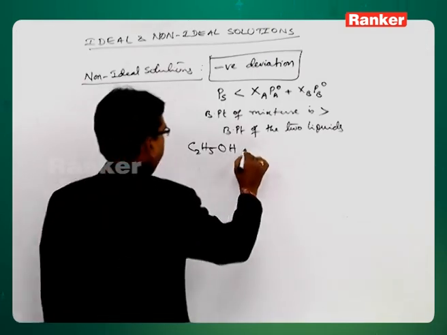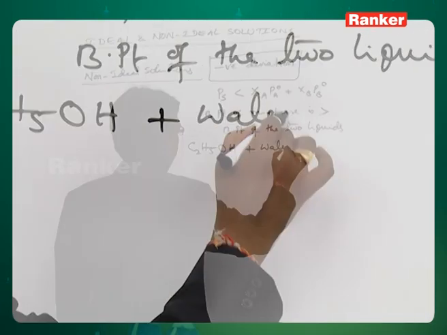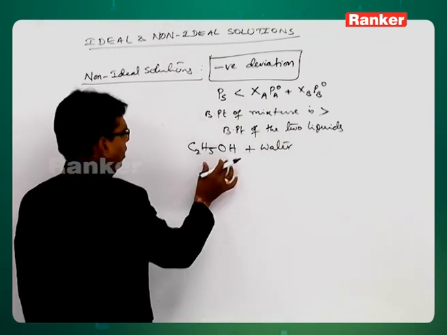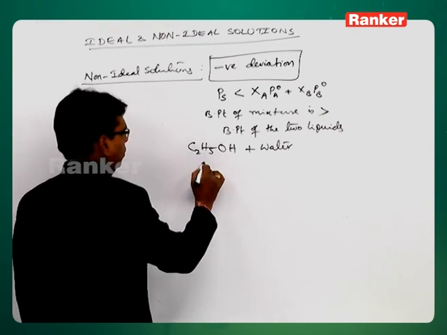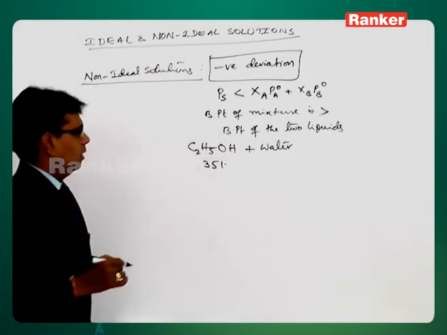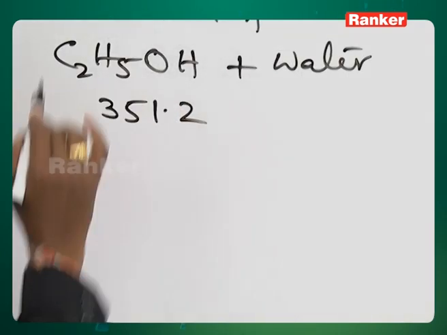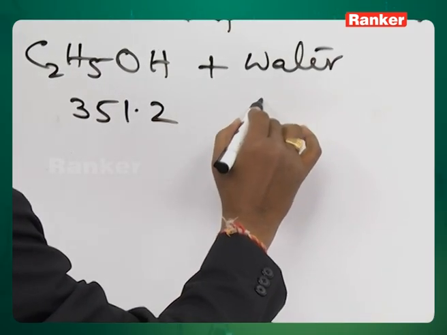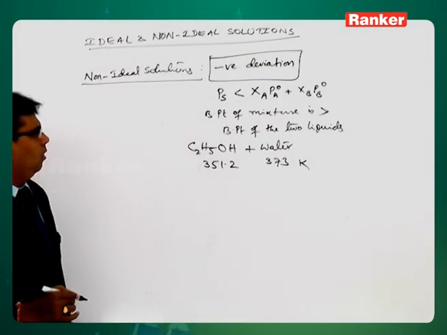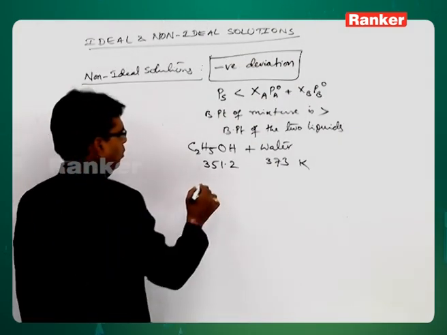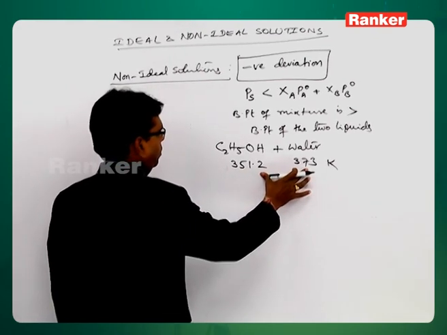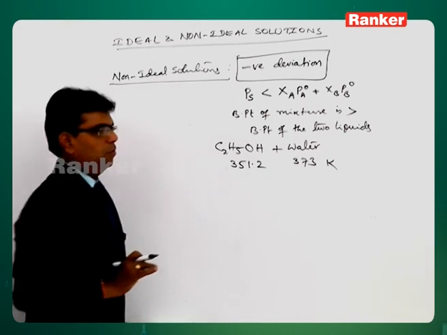For example, when you consider ethyl alcohol and water, the ethyl alcohol boiling point is about 351.2 and this is 373 Kelvin. Now, the boiling point of this mixture is somewhat more than the boiling point of the two.